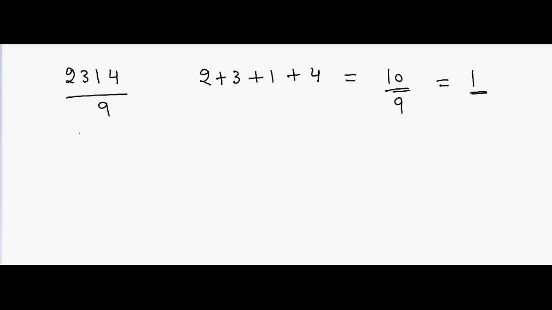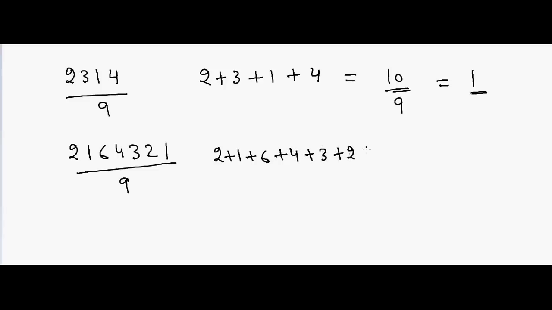Another example is 2164321. You can see it's a very large number, and what will happen if you divide it by 9? In that case, 2 plus 1 plus 6 plus 4 plus 3 plus 2 plus 1. So 2 plus 1 is 3, 3 plus 10 is 13, 13 plus 6 is 19.